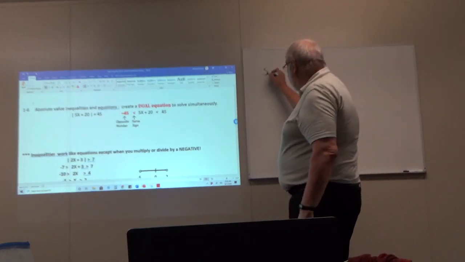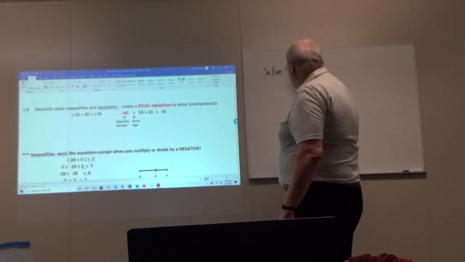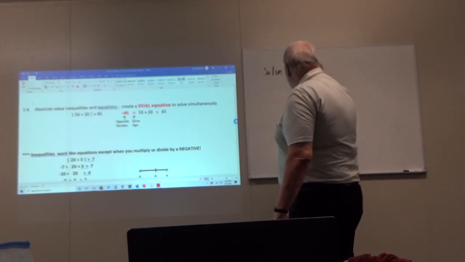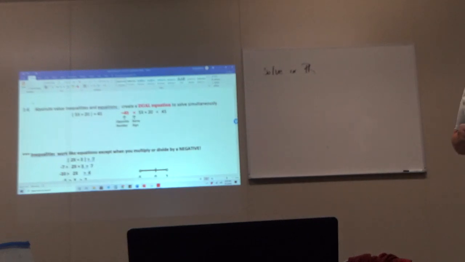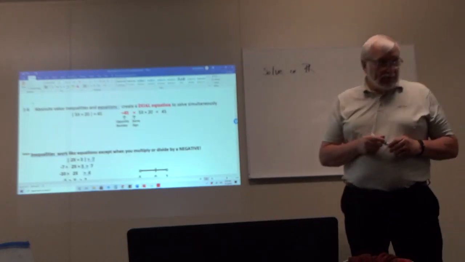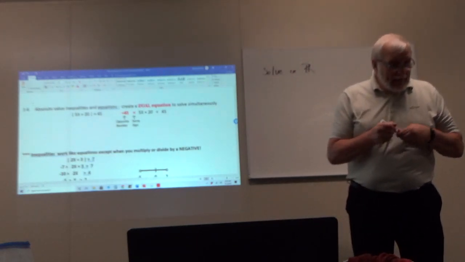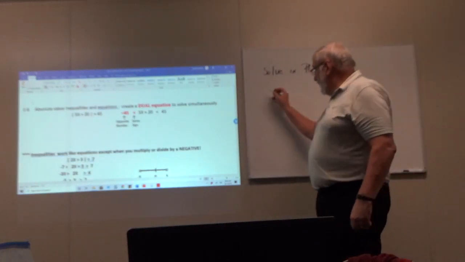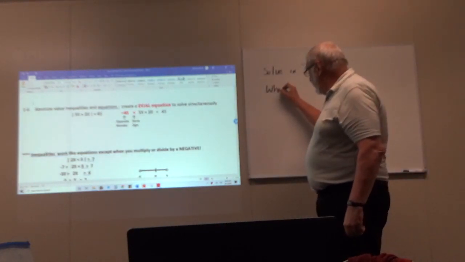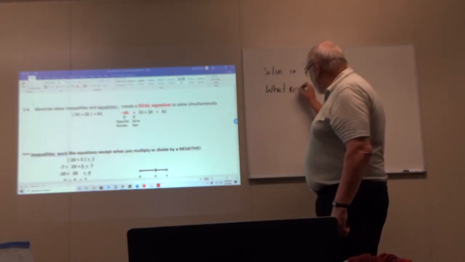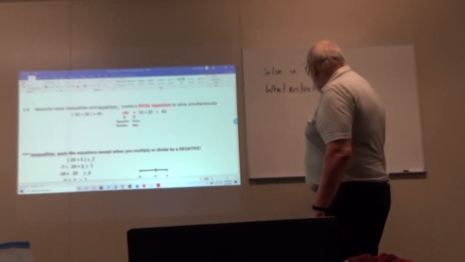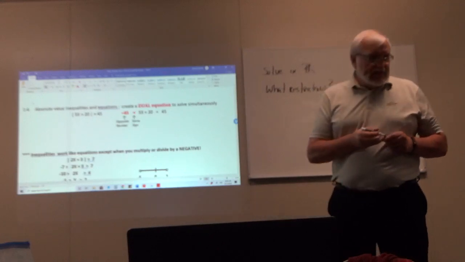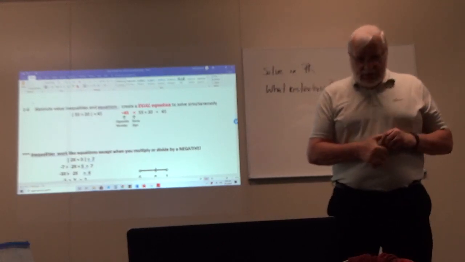You're going to solve in the real number system, and real is an R with two lines on it. Then you're going to determine what restrictions the number system that you're given, what does it do to the real numbers?